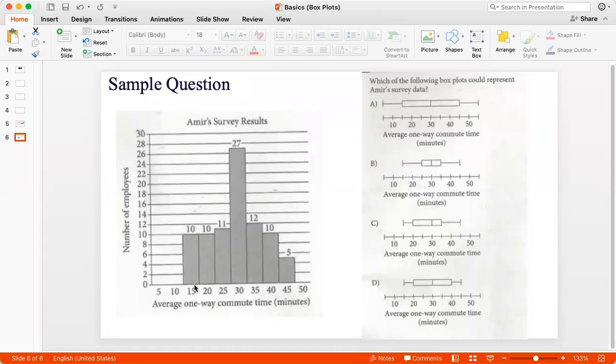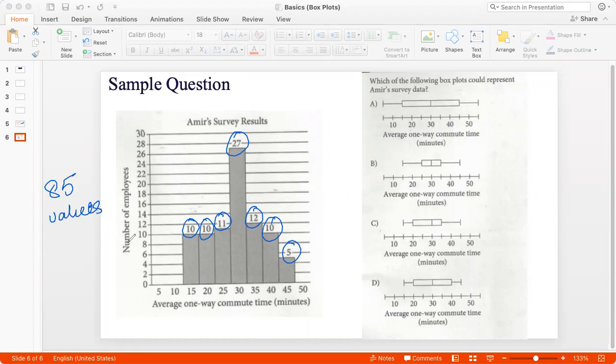So let's look at the total number of values: 10, 20, 31, 41, 51, 58, 70, 80, 85. So there were 85 values in Amir's survey data, right?